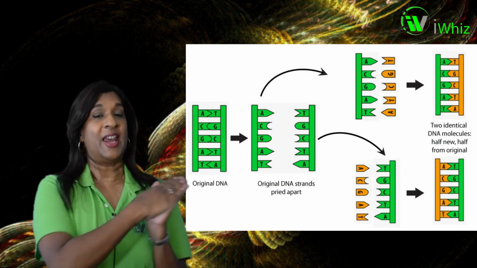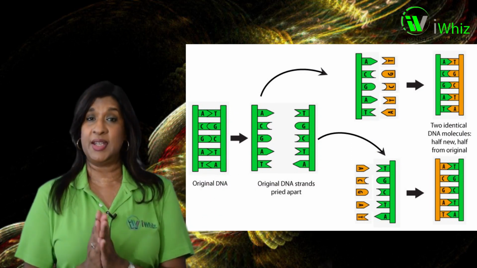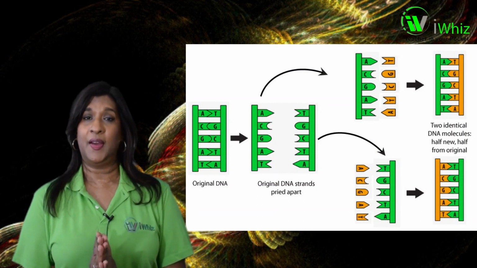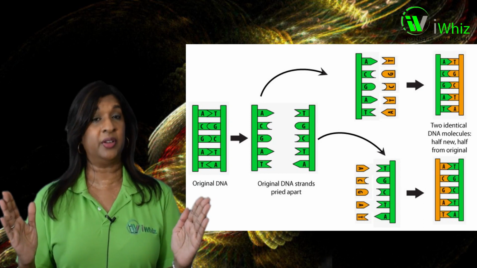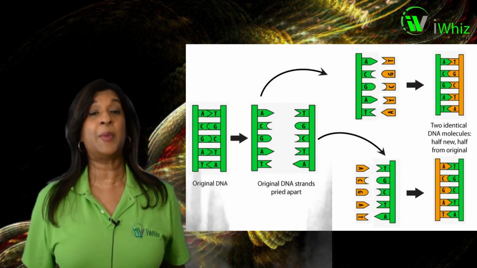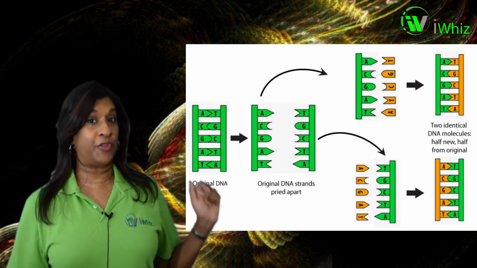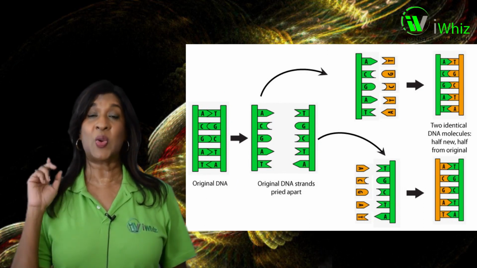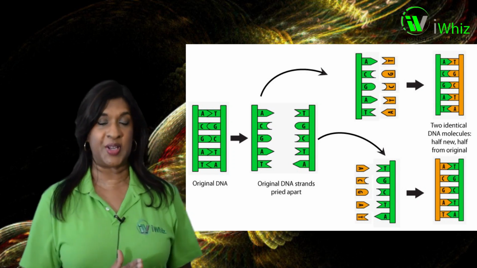So let's look at our next diagram, right? We can see our double-stranded DNA in green, and then we can see the next step after the hydrogen bonds have broken, and you've got two separate strands of your DNA. Each of those strands are going to act as a template to make a complementary strand.